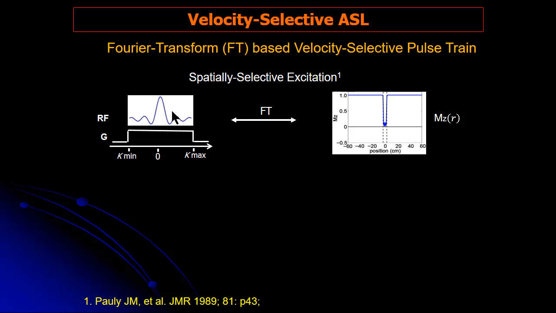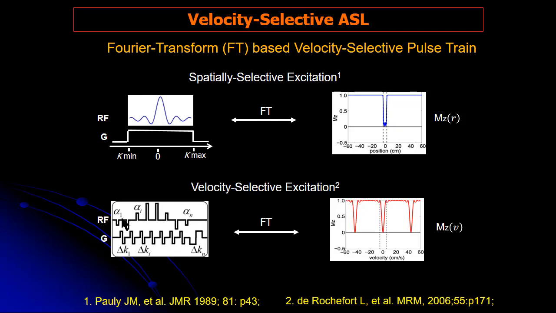Fourier transform-based excitation has long been recognized in spatially selective excitation pulses, where you have a 1-dimensional sinc pulse, and then you can get a selective slice selection. The gradients are encoding the k-space through the RF pulse.